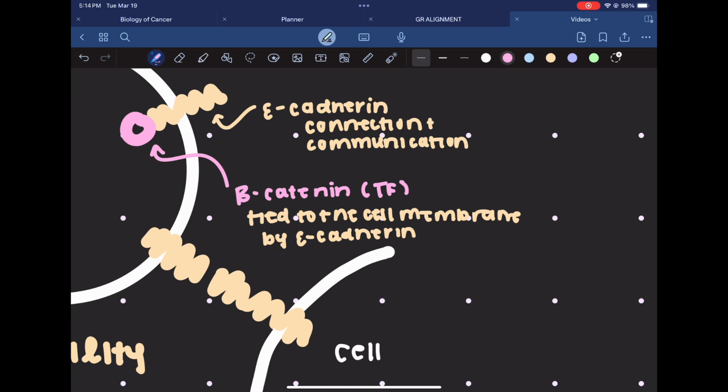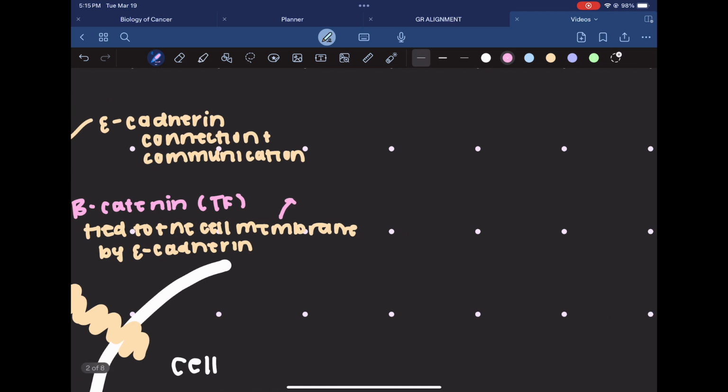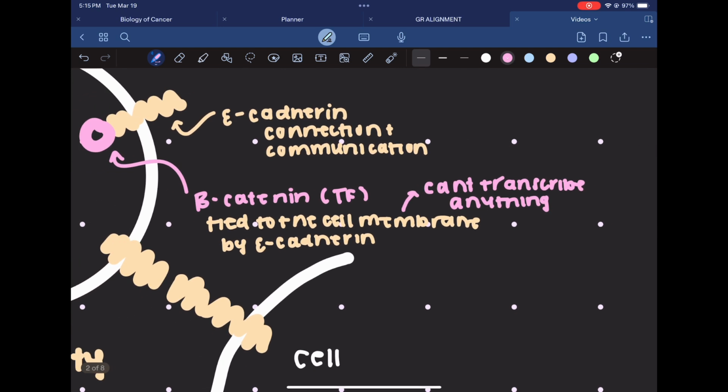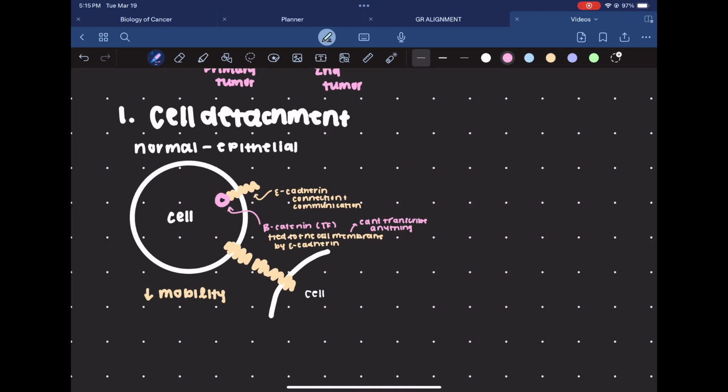So when beta-catenin is tied to the cell membrane, that means that it can't interact in the nucleus with any genes, and it can't transcribe anything. So this deprives beta-catenin of its ability to do anything by anchoring it to the membrane. This is our normal epithelial cell with these two proteins interacting in our low mobility state.